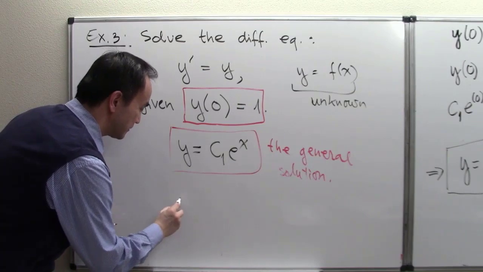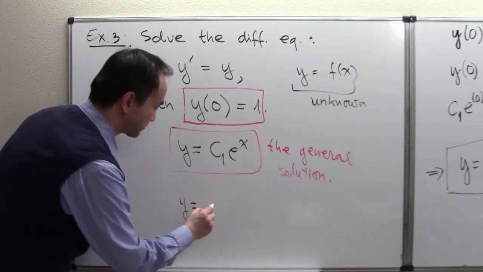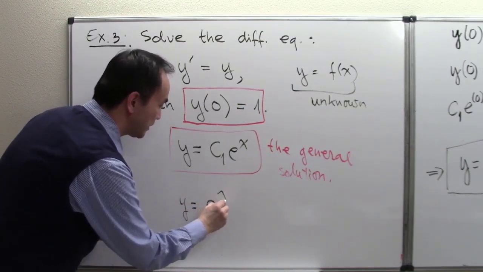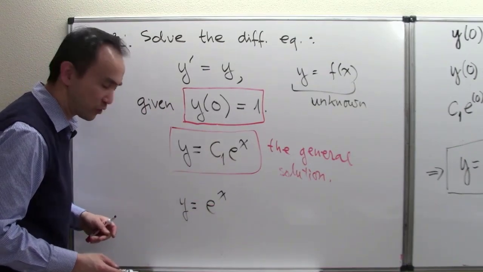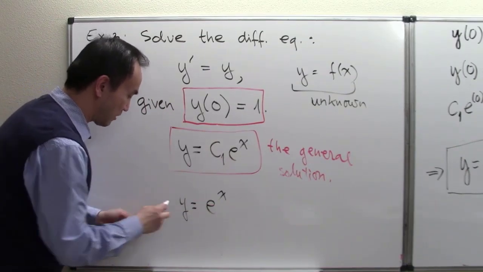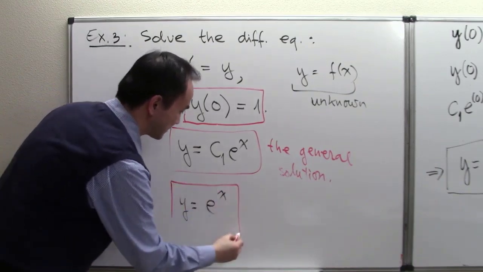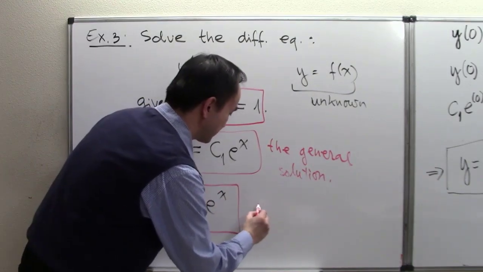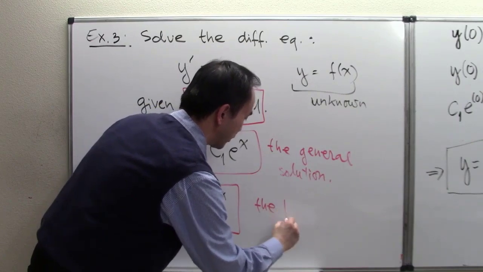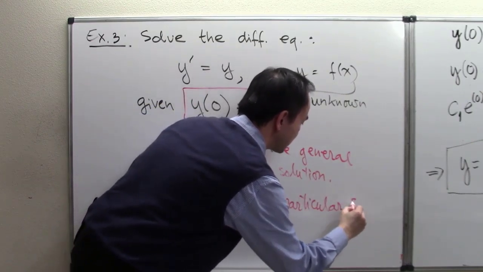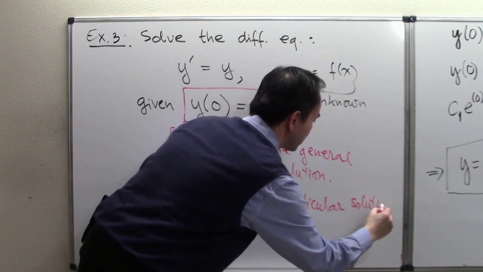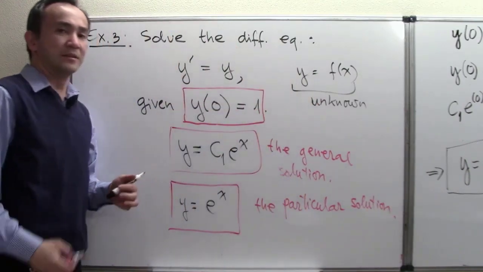The solution we have just found, y equals e to the x, is one among the whole family of general solutions. This one is now referred to as the particular solution. All right.